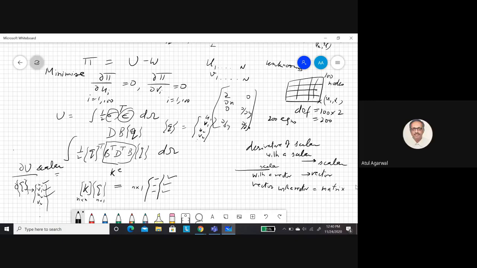Now I'll give you the example. You know your function y is equal to x square. You see x is a scalar, y is a scalar. So your derivative dy by dx is a scalar. Now you take potential energy, like gravitational potential energy.